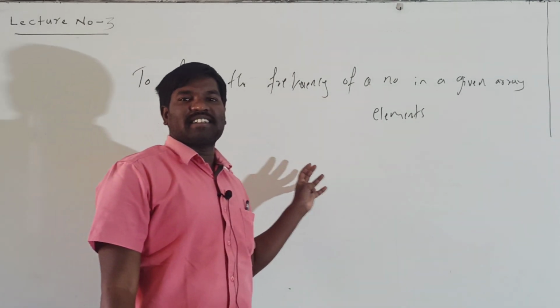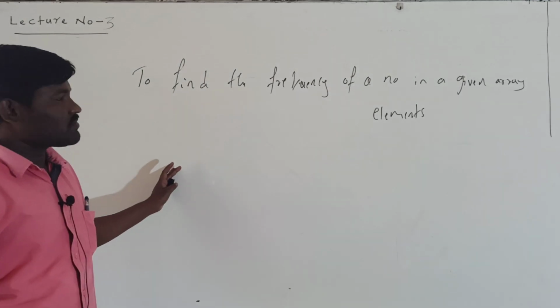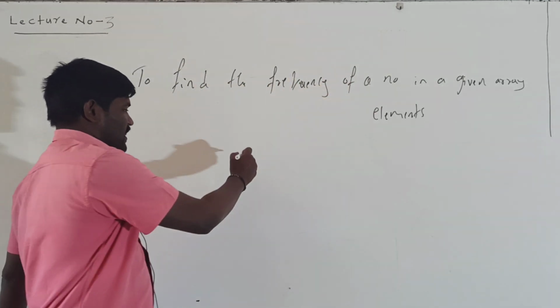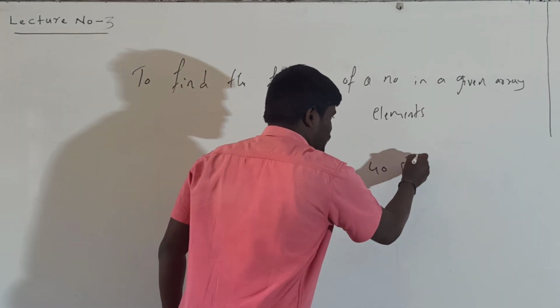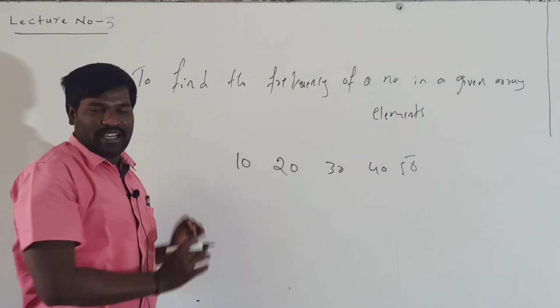Before writing the program, first we need to study what is the frequency of a number. For example, if I write 10, 20, 30, 40, 50, the given array consists of 5 elements.